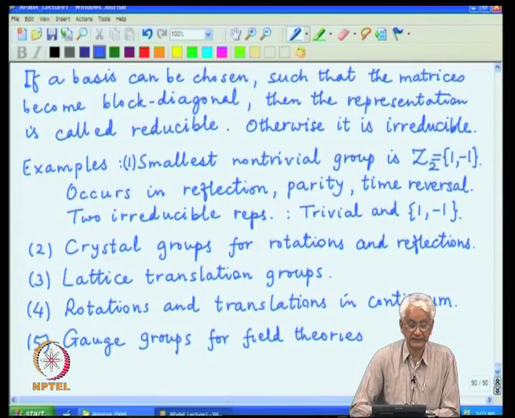So, this is some background on group theory and how it shows up in physics.